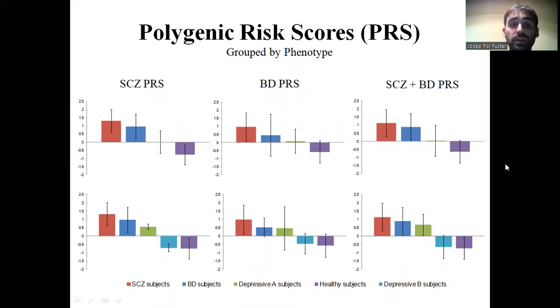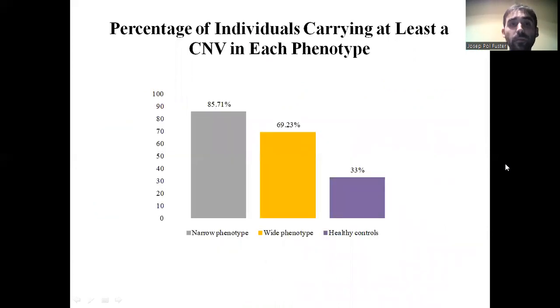And this was maintained when separating the phenotypes into the different diagnostic categories. In this sense, bipolar subjects and schizophrenic patients were the ones carrying the highest number of variants previously associated with psychosis at the population level.